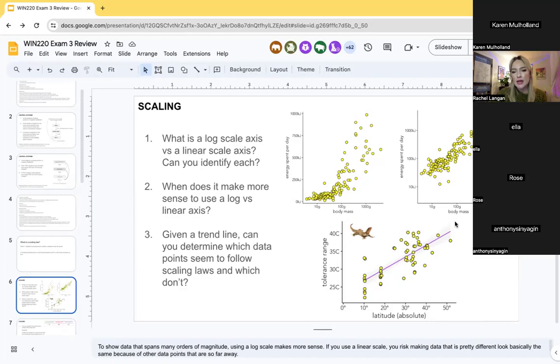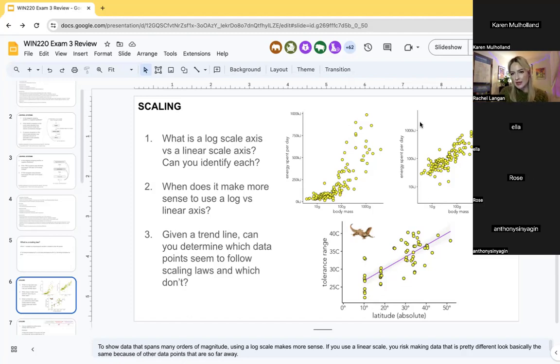And what you want to look at is not only how far the points are from the line, but how far generally all of the points are. So what I'm saying is, although these points are pretty far from our linear trend line, we can see that all of the data is pretty far from the line. So I wouldn't necessarily call these data points outliers, because on the whole, all of them are pretty far apart.